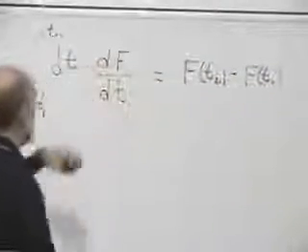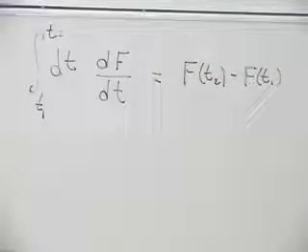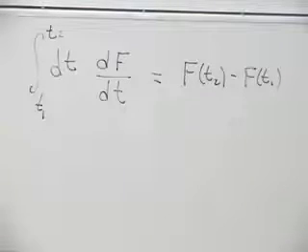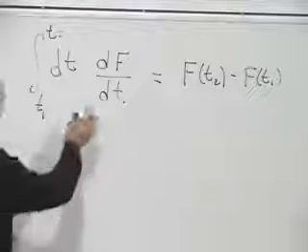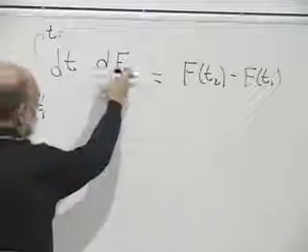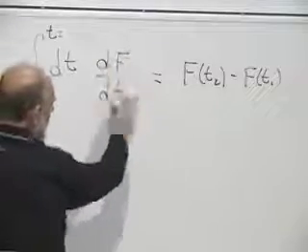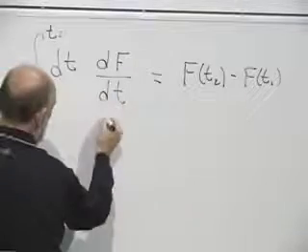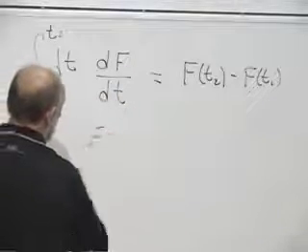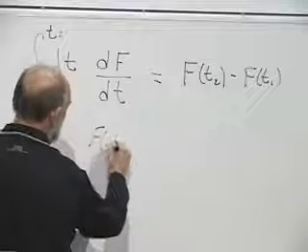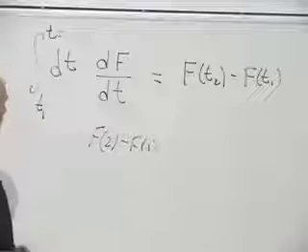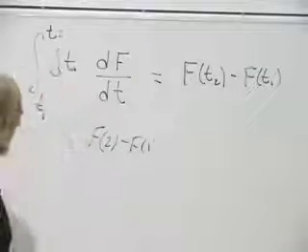The easiest way to see this is just to think about what the integral of a function is. It's the sum of little incremental values of the function. But what does the derivative mean? The derivative just means the difference of the function at neighboring points. So this might be f at point 2 minus f at point 1 divided by a little incremental dt.